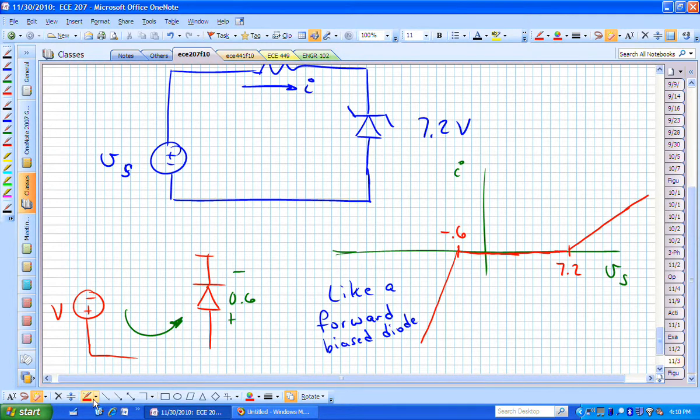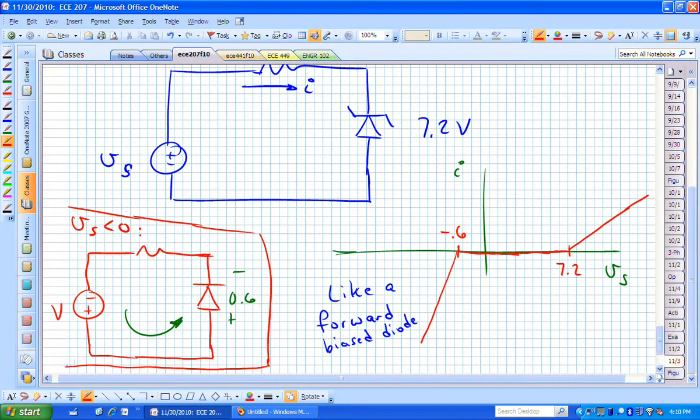That's now what you effectively have if V sub S is negative, this red circuit. So this is like when V sub S is less than 0.